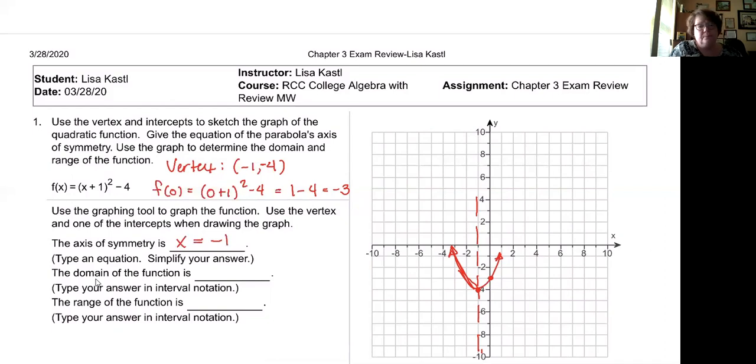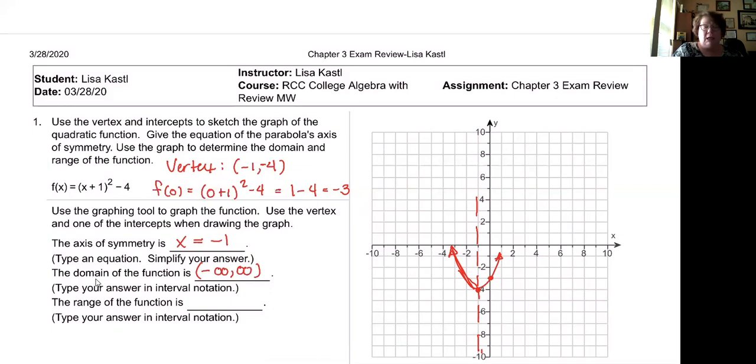negative 1. The domain of this quadratic function, the domain of every quadratic function, is from negative infinity to positive infinity, the set of all real numbers. And since this is a quadratic function of parabola that opens up, its range is going to be all values from its vertex to infinity.